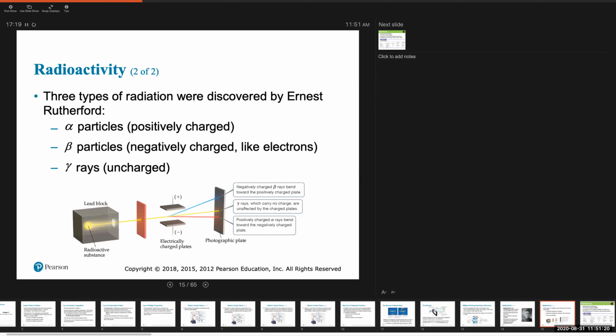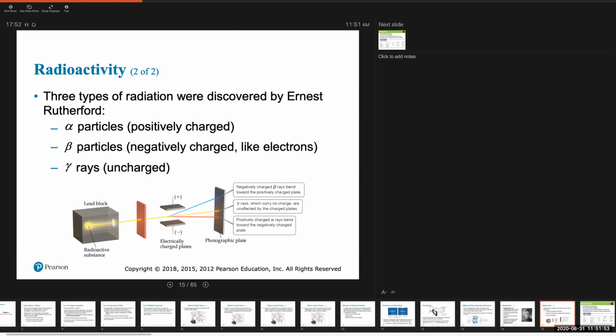What you see down here again is our old friend of electrically charged plates, positive, negative, and using that to kind of move things around. Once again, taking advantage of opposites attract, same charge repel. What they're showing is they could pick out which were negatively charged and which were positively charged. The blue one going up is negatively charged because we have a positive electrically charged plate there. So negative wants to go up there.